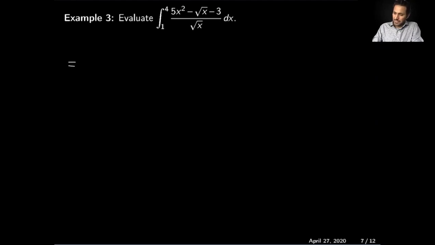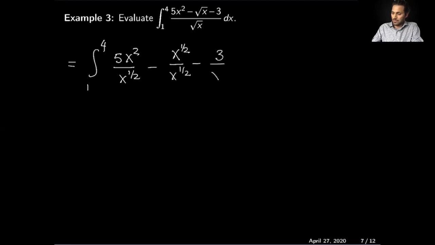So we will begin by dividing the denominator into each term. So it's going to be 5x to the power 2 divided by x to the power 1/2. And the square root of x is basically x to the power 1/2. This is x to the power 1/2 minus 3 over x to the power 1/2.